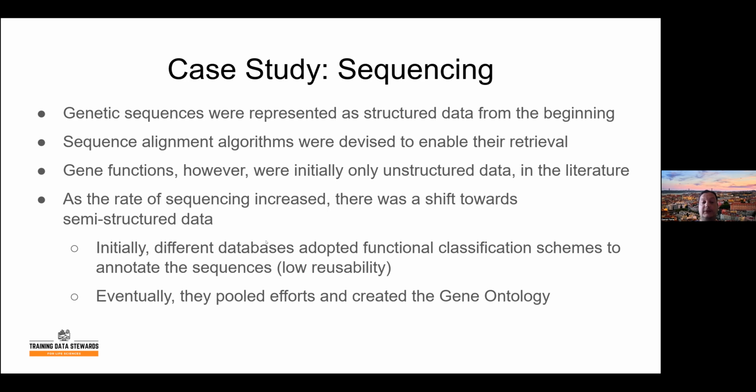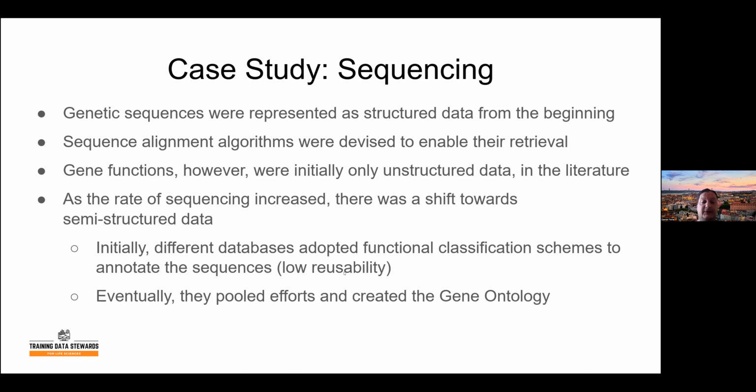And so different databases initially adopted functional classification schemes to annotate their sequences. So in addition to the genome information, they would have annotations of those genes with tags corresponding to a functional classification. Of course, because these were different classifications for different databases, the reusability here was low.